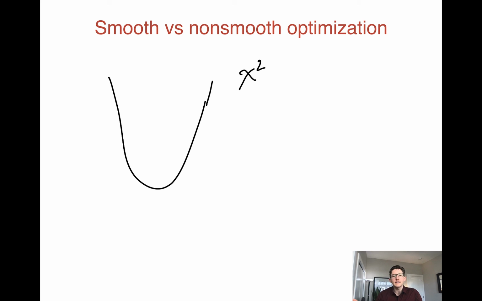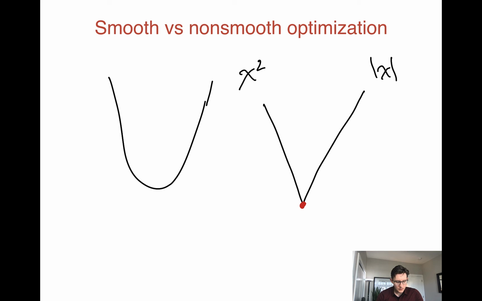We can always take its derivative for any value of x. A very common example of a non-smooth function that we'll see is the absolute value of x. If our negative log likelihood includes the absolute value of x, notice that this point here doesn't have a derivative.